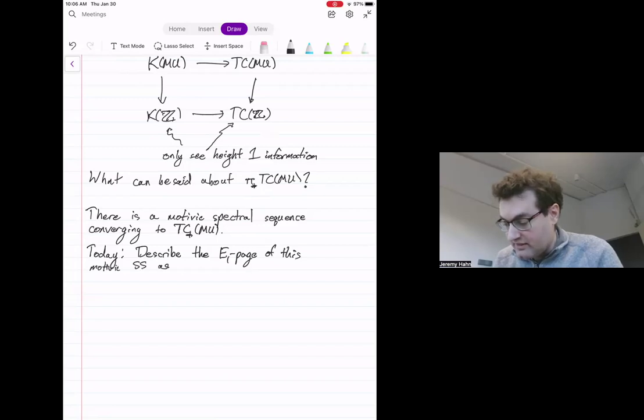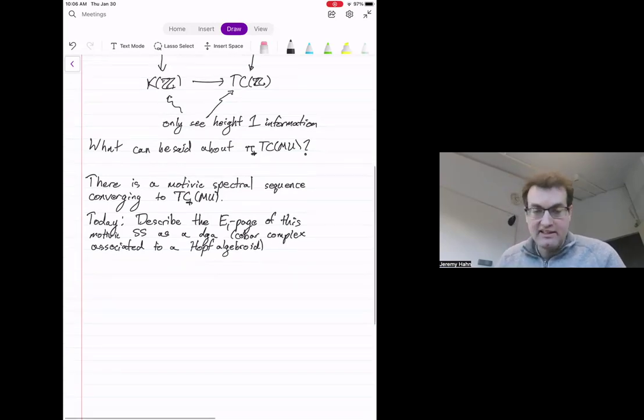And I want to describe it as a DGA, or in other words, the cobar complex associated to an explicit Hopf algebroid. So in theory, if I get through all that today, there will be a completely algebraic way of computing the E2 page.